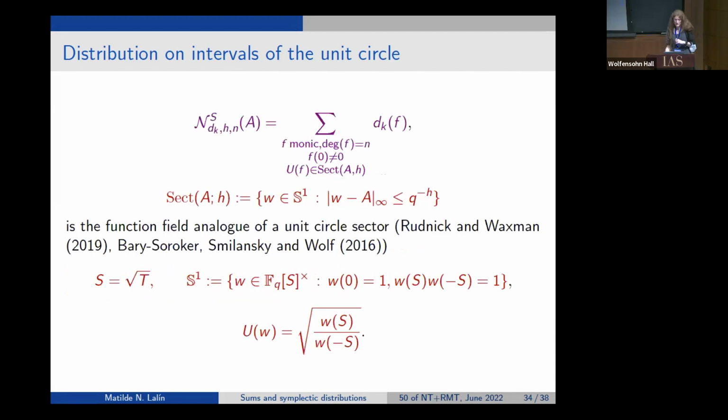Okay, and I didn't say what S1 is. So the idea, like I said, is coming from modeling the Gaussian primes. So the idea is that we take a square root of t. We're working on F_q[t], and we take a square root of t. So that would be my i. And then we're working with power series, in fact, on this square root of t.